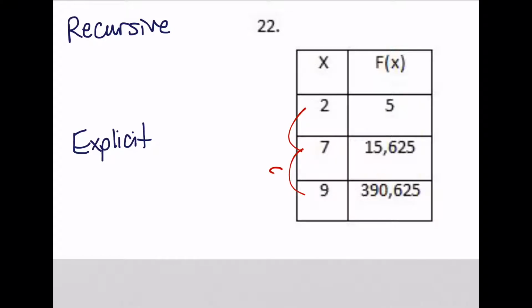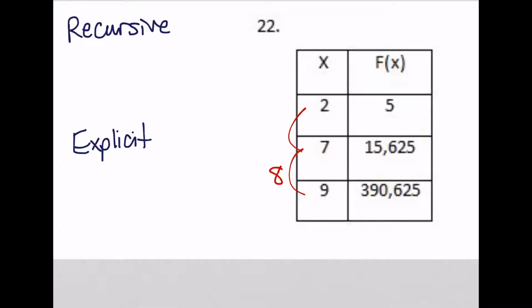But I bet I could predict what's going to be inside there for when x equals 8. And it's probably going to be 15,625 times 5, I'm guessing. And now you're literally just looking at that and trying to be a detective and figure out what's the pattern. I don't know.